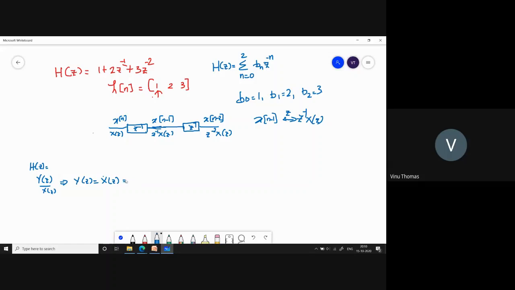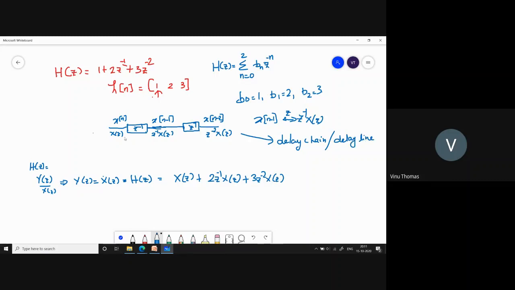In our particular example, this is equal to x of z plus 2z raised to minus 1 into x of z plus 3z raised to minus 2 into x of z. So here I have what is known as a delay chain, or it's also called a delay line.